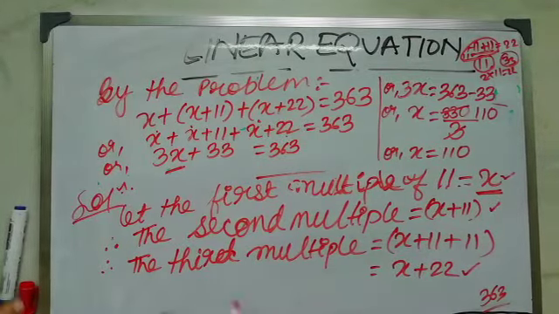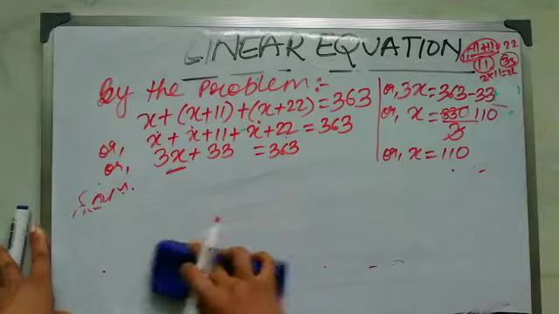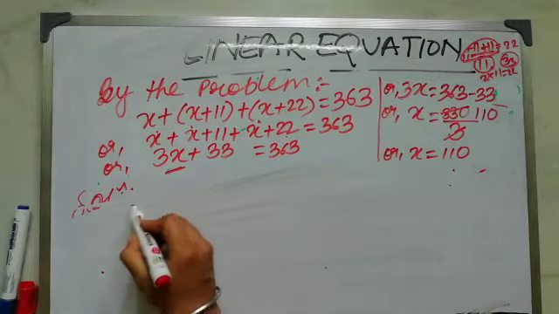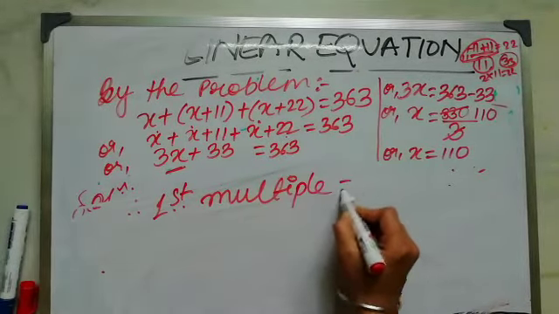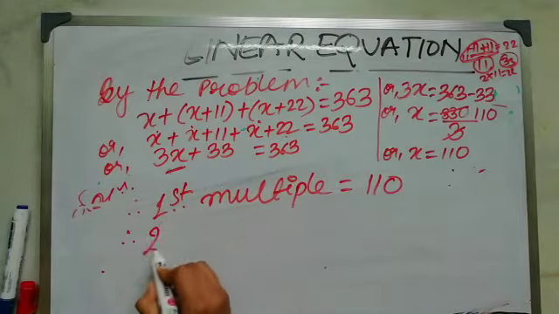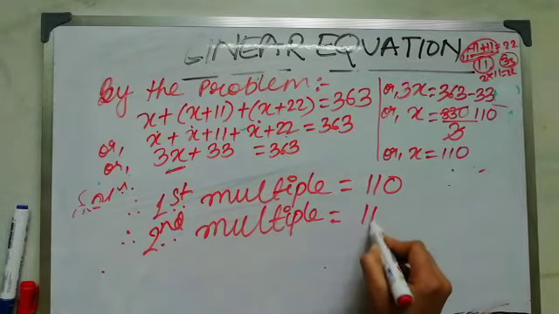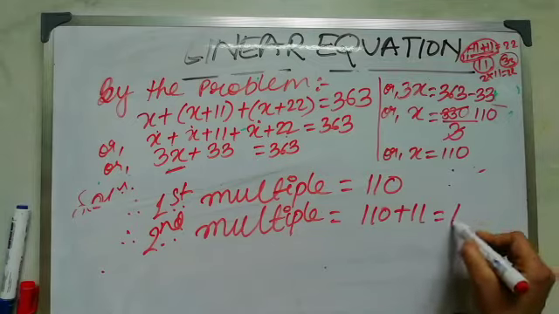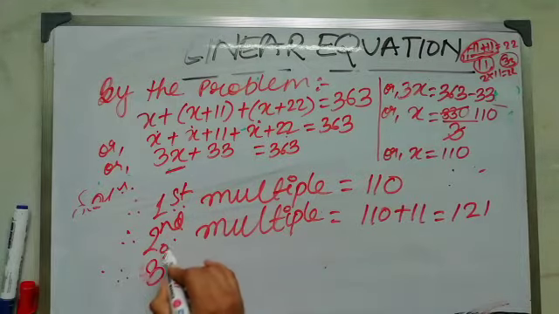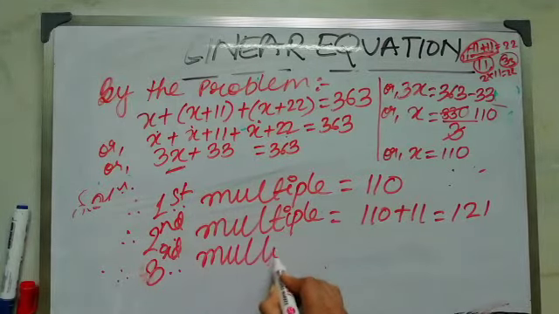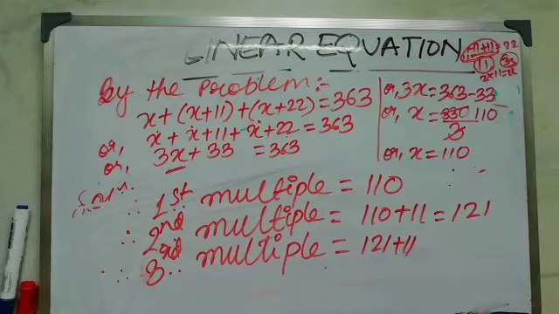So my next multiple will be, now see, therefore the first multiple is equal to 110, therefore the second multiple is equal to 110 plus 11, which is 121, therefore the third multiple is equal to 121 plus 11, right?